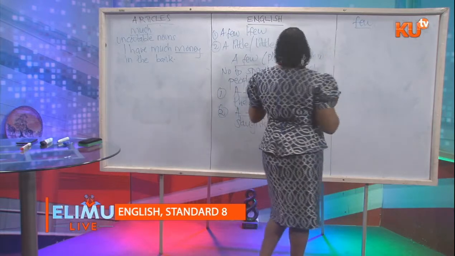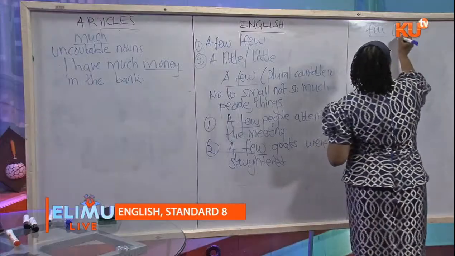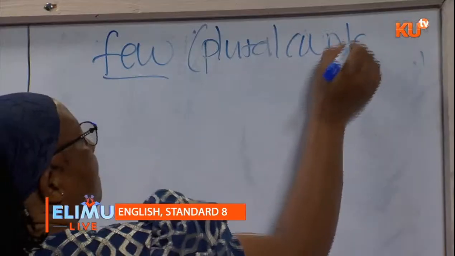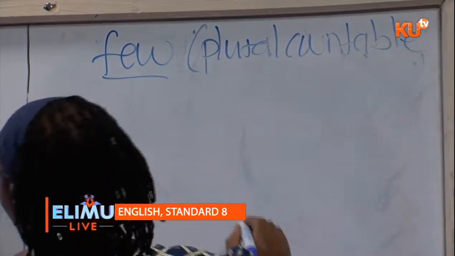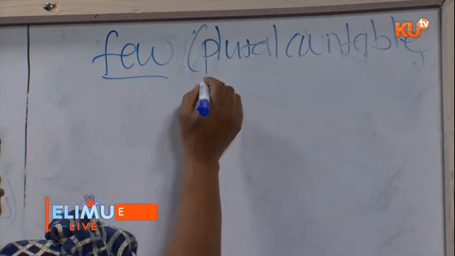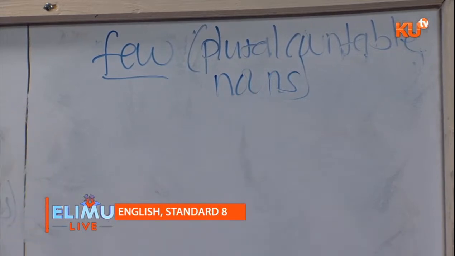Both of them, a few and few, are used with plural countable nouns to show an amount which is little or not as expected.